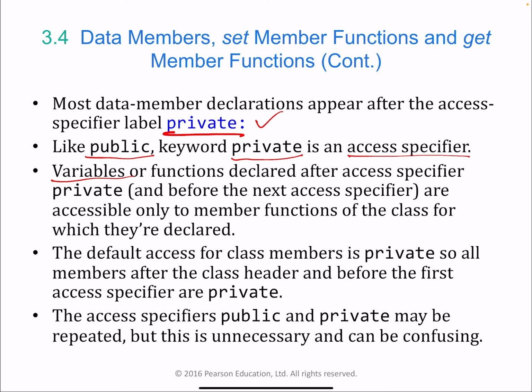Member variables, data members, we usually try to keep private. If any code outside of our object needs access to those data members, they should be accessed using member functions, which we will write ourselves. This way you get to control the type of access to data members of your class.